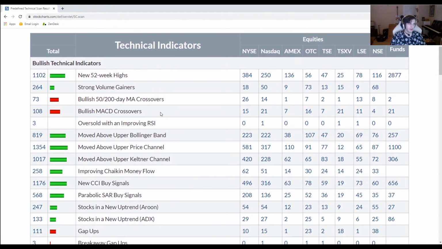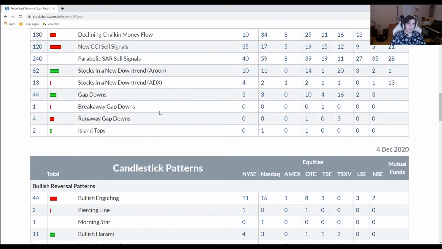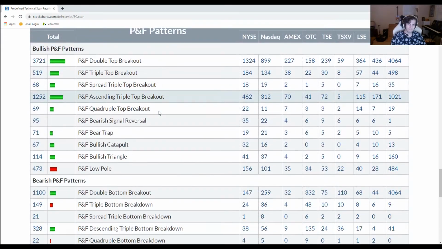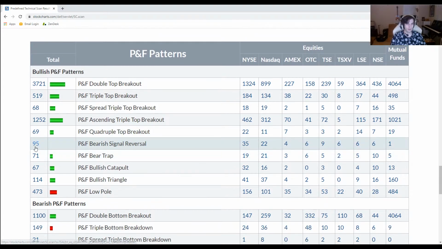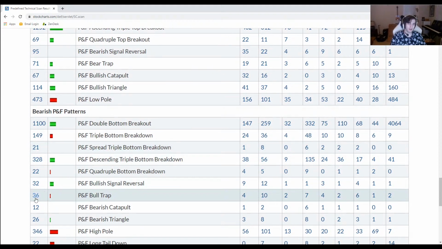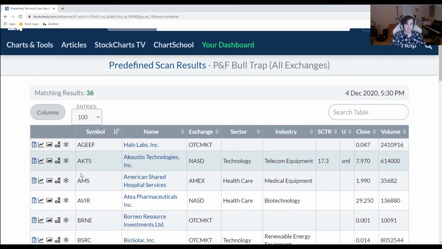If we scroll down to point and figure patterns, we now have a list of the 3,721 companies on a double top breakout, 519 on a triple top, so on and so forth. So we can see, let's go look at a bull trap, shall we?